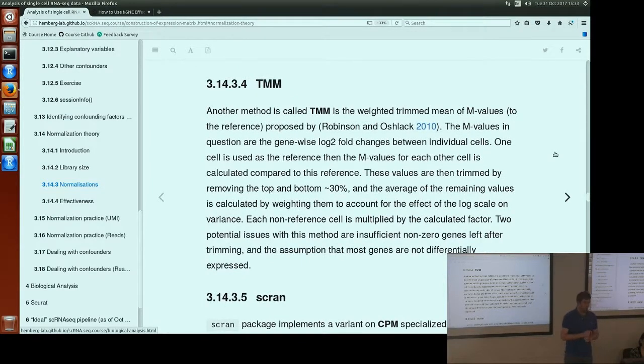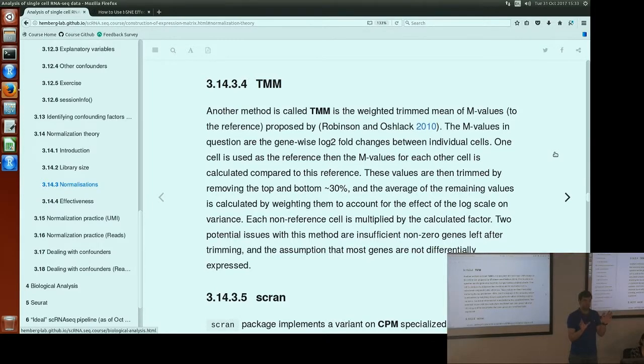So a final approach coming out of bulk RNA-seq is called TMM, which stands for the weighted trimmed mean of M values, which I'll explain in a second. This also came out in 2010, from Robinson and Oshlack. And the M values in this case are the gene-wise log2 fold changes between individual cells.